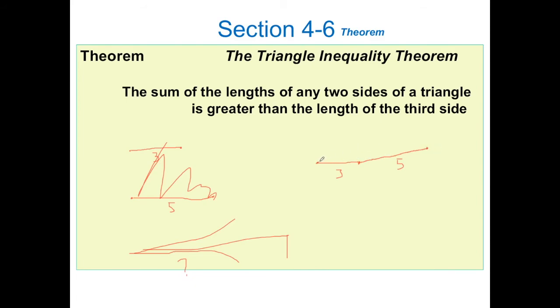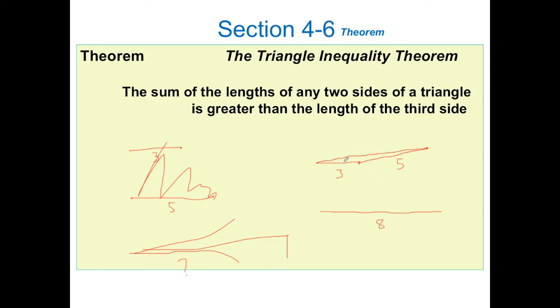So question, what is the maximum size that this third side could be? Well, this is 3. This is 5. I tilted a little bit in here, so it's not 3 plus 5, right? 3 plus 5 would be 8, and that would be approximately this long if we tilt this down here.